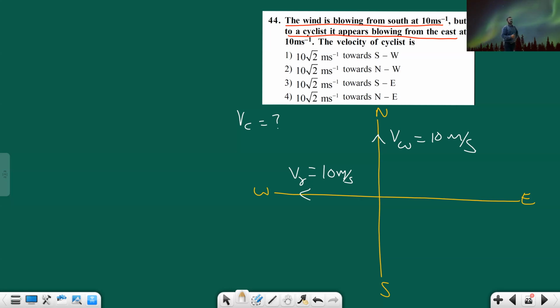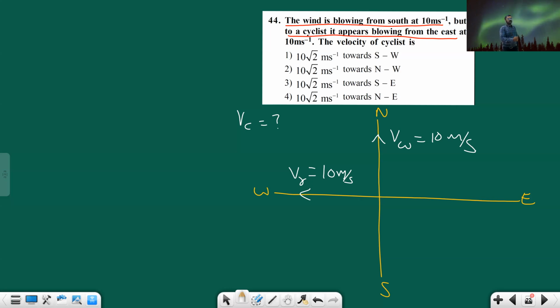The cyclist is traveling with some speed and observing. Suppose the cyclist is at rest, not cycling, just sitting on the cycle and observing. Then wind velocity is in north direction, so for him also it appears blowing north only.